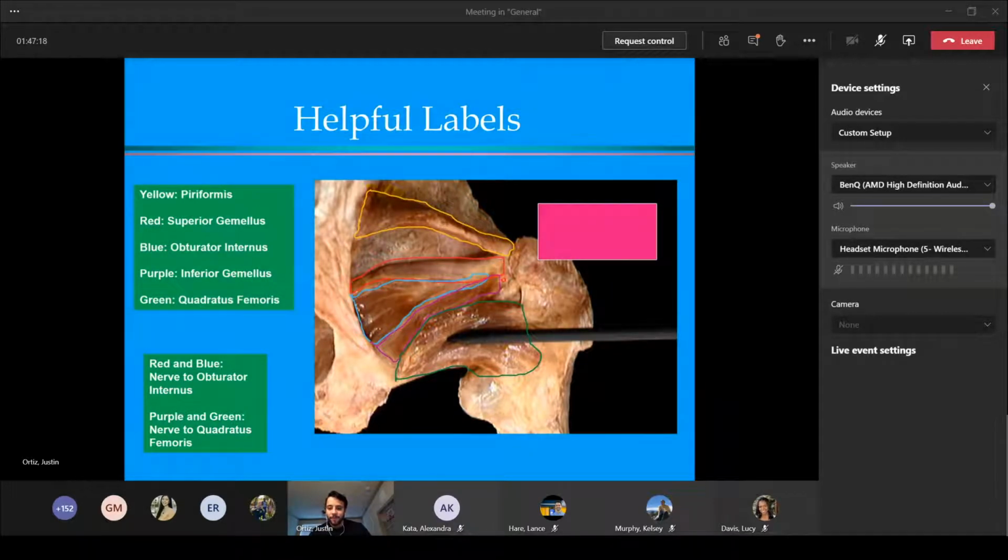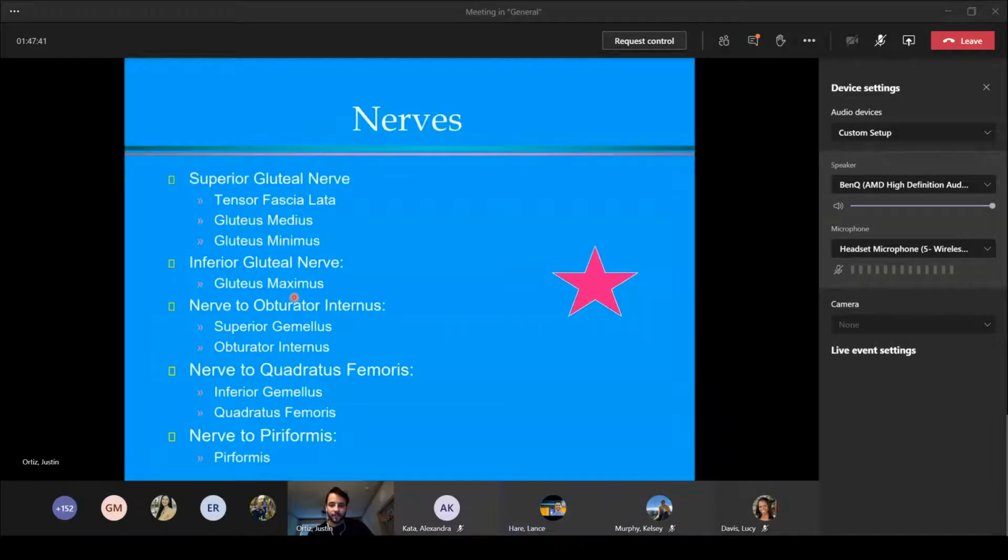This purple is inferior gemellus, and this green right here is quadratus femoris, right? So I made the picture really big and circled these things to help you identify them, because they look like a mush together, but they're actually separate muscles. So I identified that for you all. Thank you so much. Yeah, I got you.